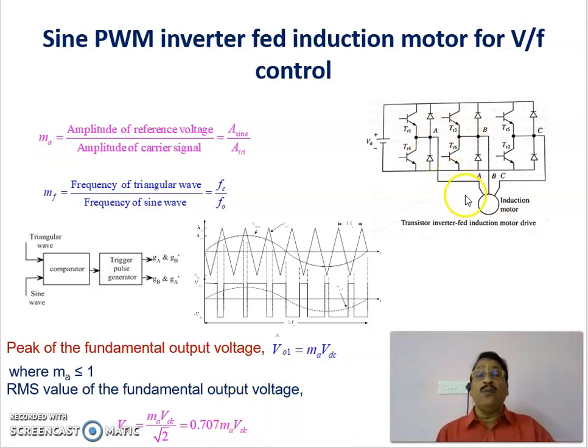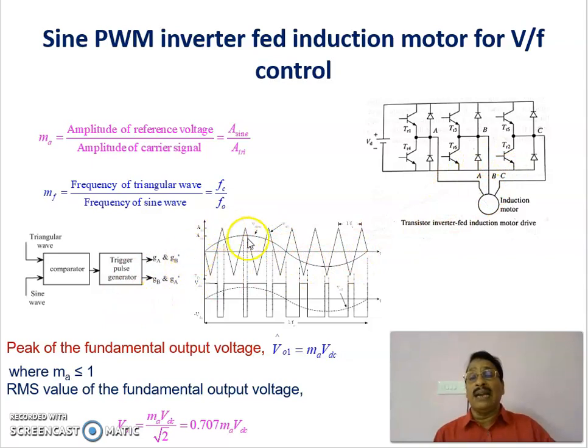Now, let us see how the frequency can be changed. The fundamental output frequency is the same as the frequency of the modulating signal, and it can be changed by changing MF. By changing the frequency of the modulating signal, you can vary the output frequency.